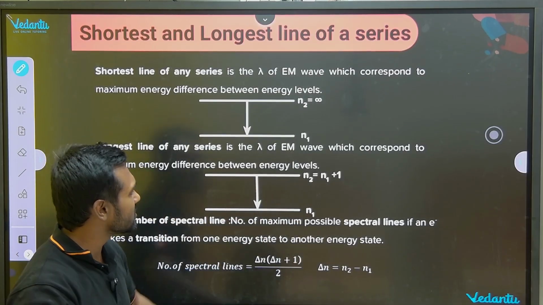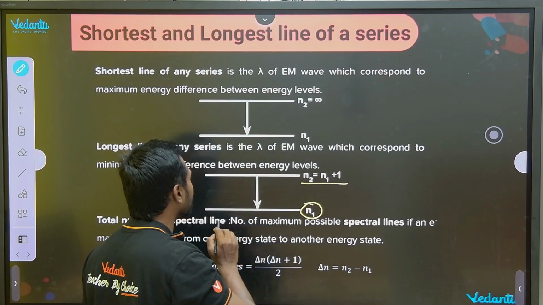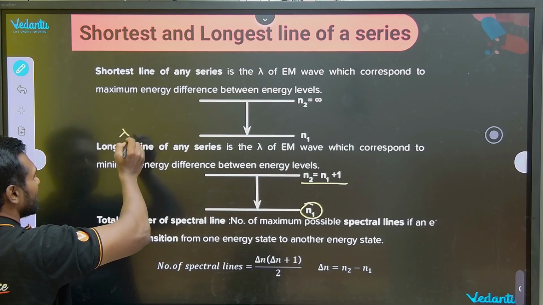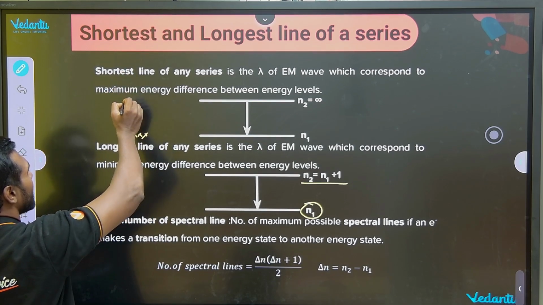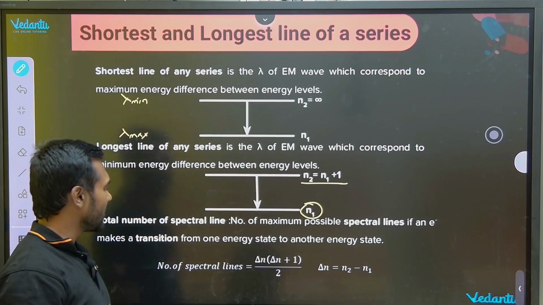This is called the longest line of any series, that is, longest wavelength, lambda max, because energy is lowest. The shortest line is lambda minimum, or energy maximum.